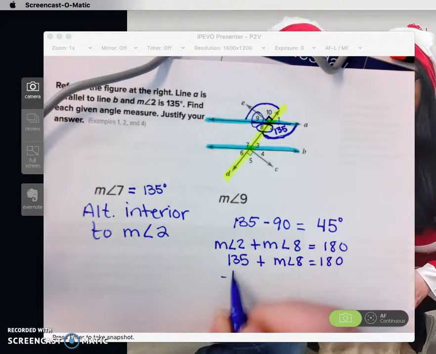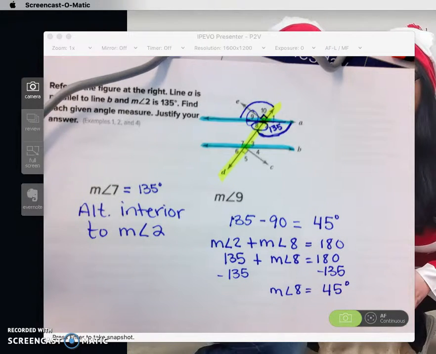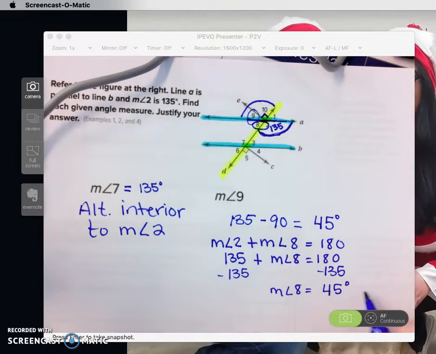I subtract 135 from both sides. Okay, so the measure of angle 8 has got to be 45 degrees. Now, that's because they are supplementary angles. I'm not there yet. I still need to find measure of angle 9.